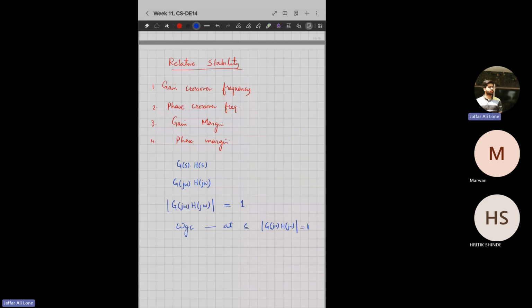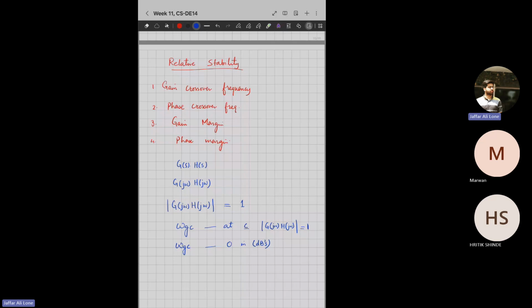Very simple, right? If magnitude is 1, then in decibels, 20 log of 1 is 0. So either I say the magnitude is 1, or I say the gain crossover frequency is the frequency at which the magnitude is 0 decibels.